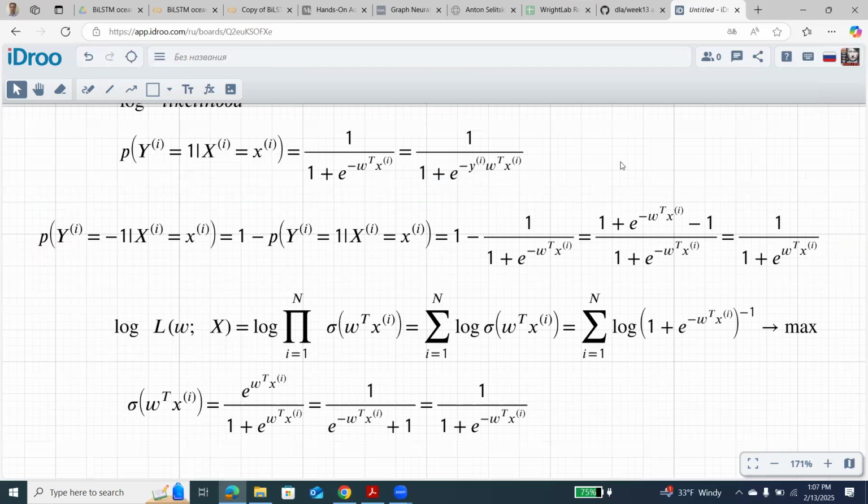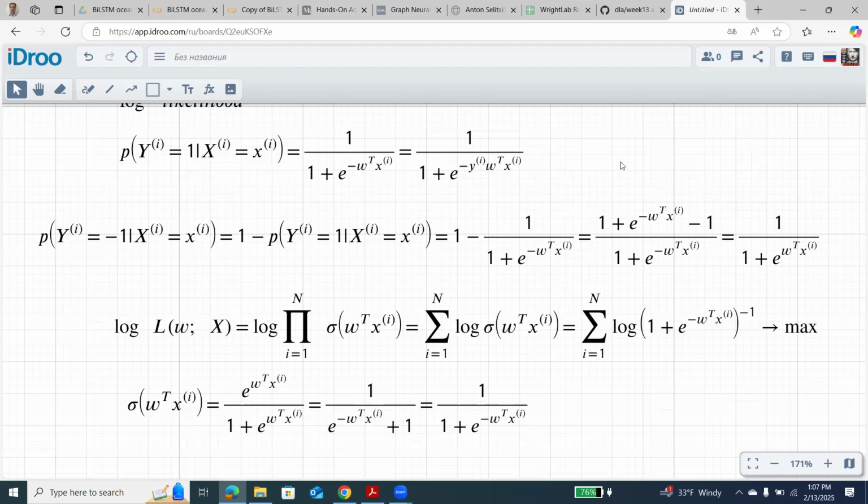So this was the formula for probability of positive class. Then I just used 1 minus this probability. Then I divided by e to the negative power. This became e to the power of positive. This became 1.